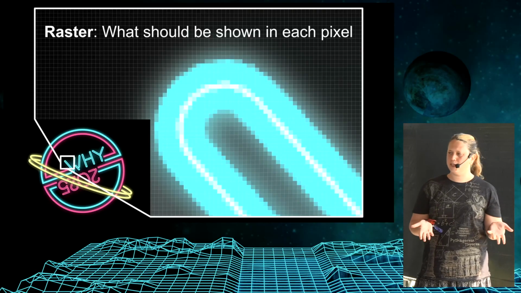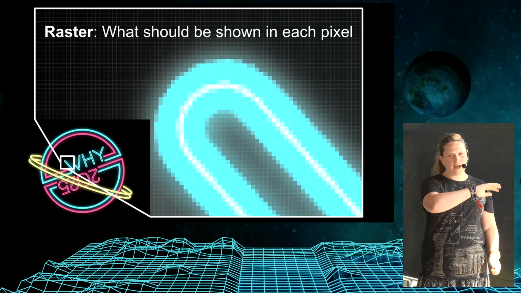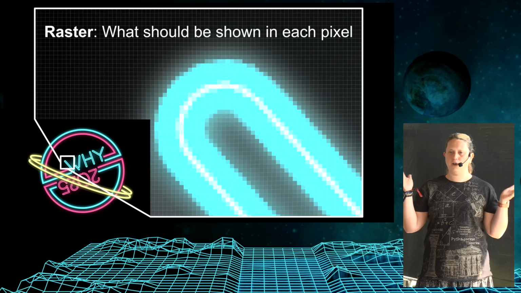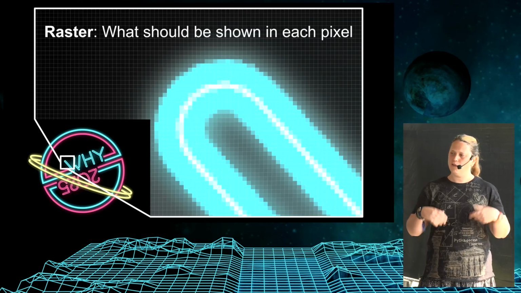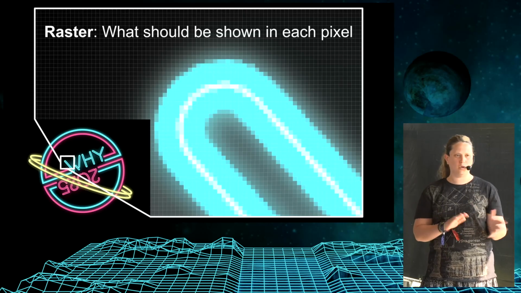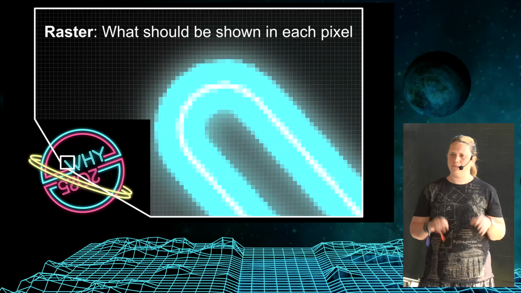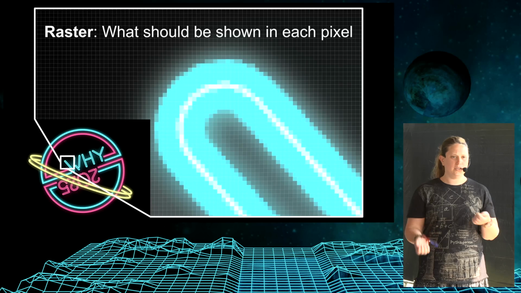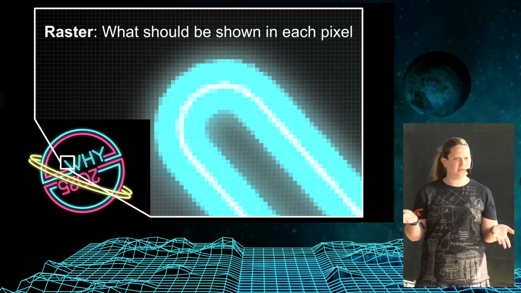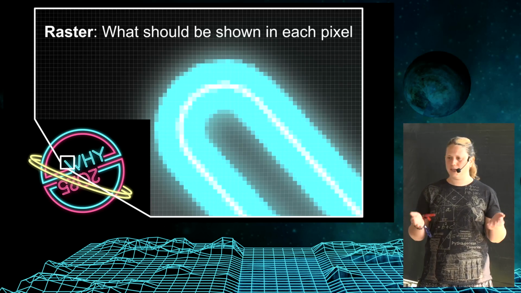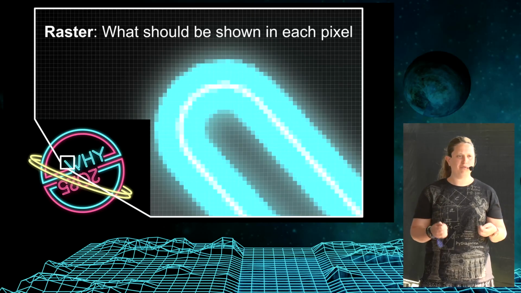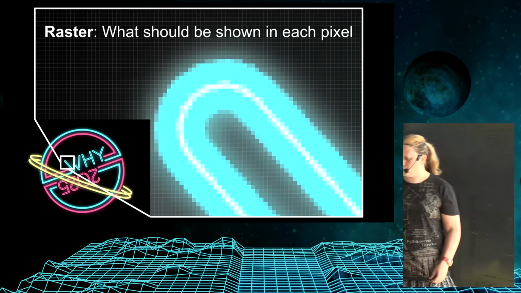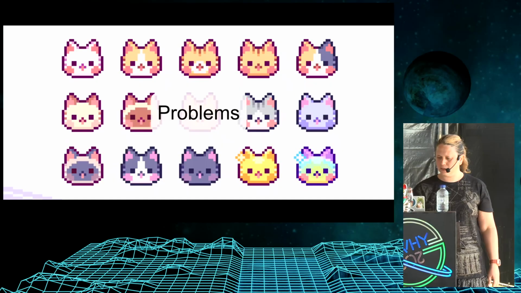They could be represented as a bitmap, just a large matrix of colors saying what we should present. Of course, we could compress it and do all sorts of cool stuff. But basically, all the image formats that you know, PNG, GIF, and so on, use the same basic principle of raster, showing images using pixels.